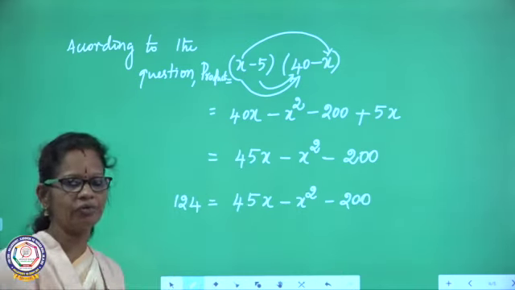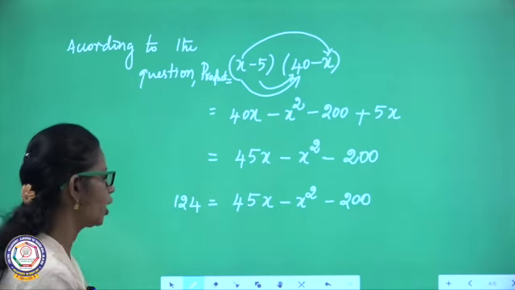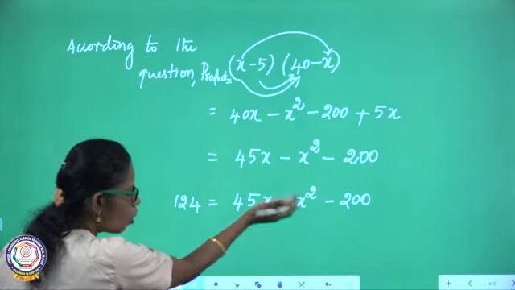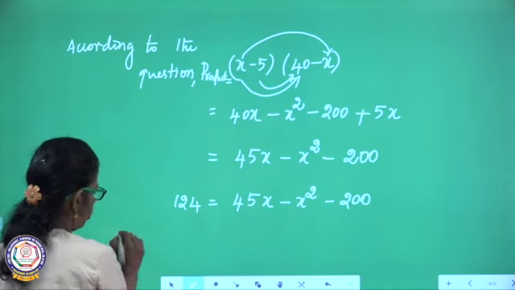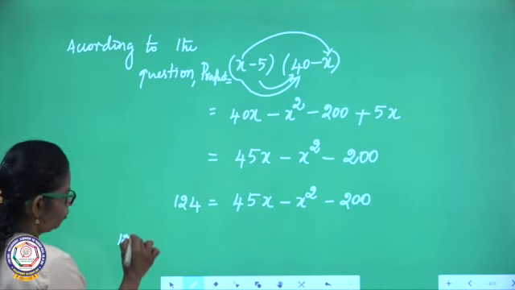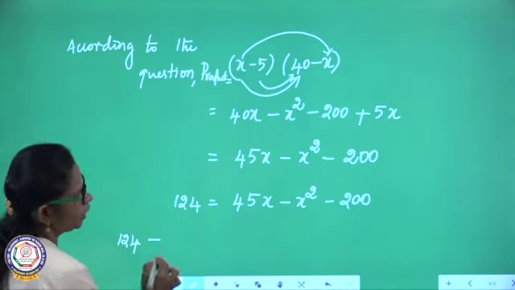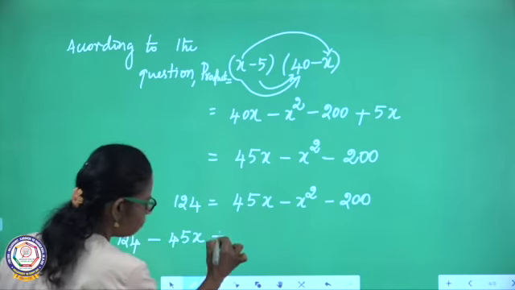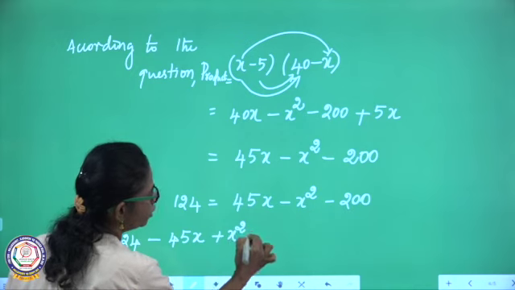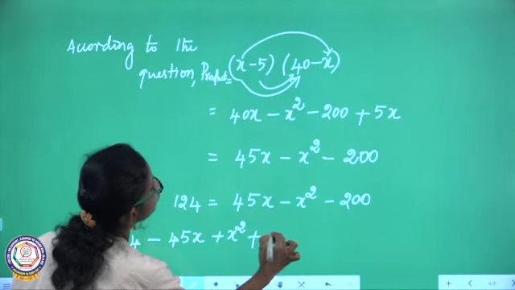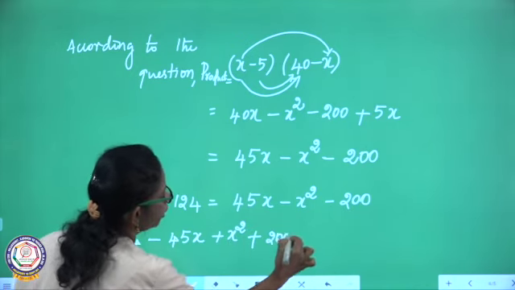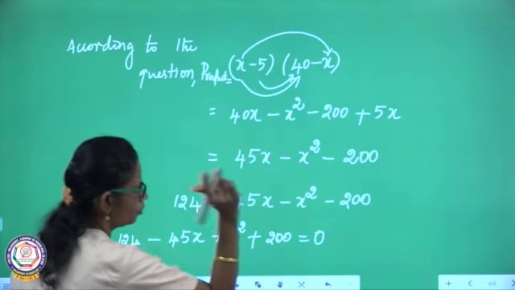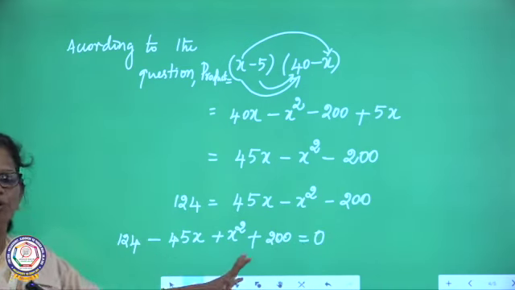Still I didn't arrive at the quadratic. Now you shift all the terms to this side: 124 minus 45x plus x square plus 200 equal to 0. Now I arrived at the quadratic.